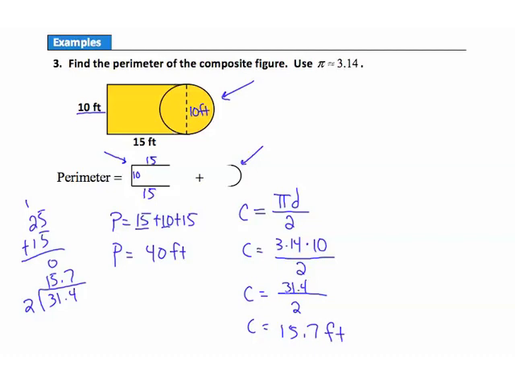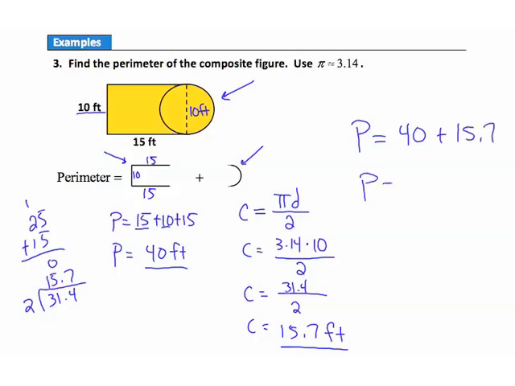Now, we weren't asked to find the circumference or perimeter of each of these objects separately. We were asked to find the perimeter of the whole thing together. So now what we need to do is add these two perimeters together to find the perimeter of this entire figure. So we would say then the perimeter in total is going to be 40 plus 15.7.